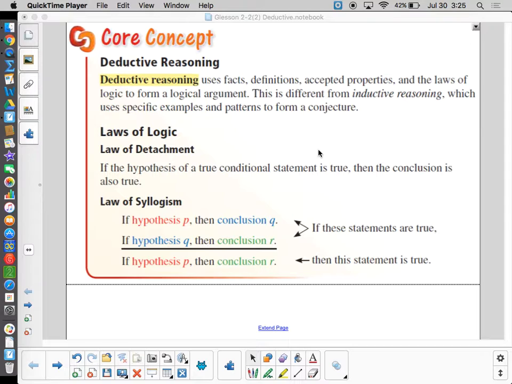The law of syllogism is really the transitive property for geometry. Syllogism: if P leads to Q, and if Q leads to R, then P must lead to R. This is the old "If you give a mouse a cookie," or "If you give a moose a muffin," those books that you grew up with when you were little, where they started with a premise. If you give a mouse a cookie, then he's going to want some milk to go with it.